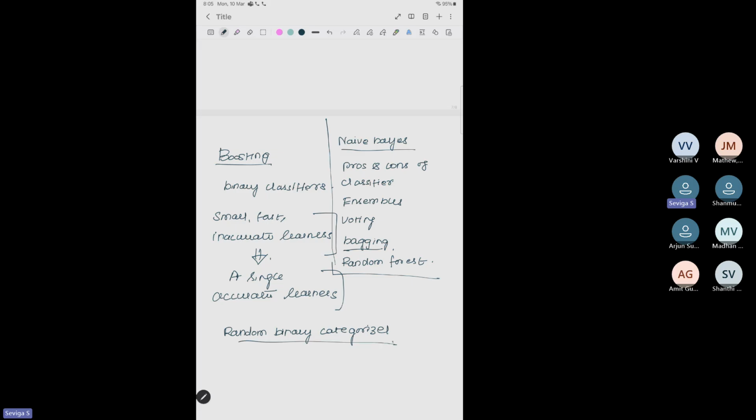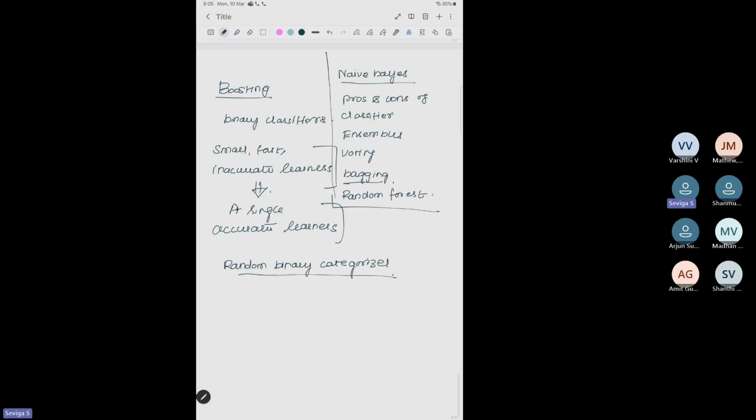What is a random binary categorizer? If it has only two categories, it will assign one of those two categories arbitrarily to the sample. Suppose you have A and B as your categories, it will randomly choose either A or B and assign it as the category.